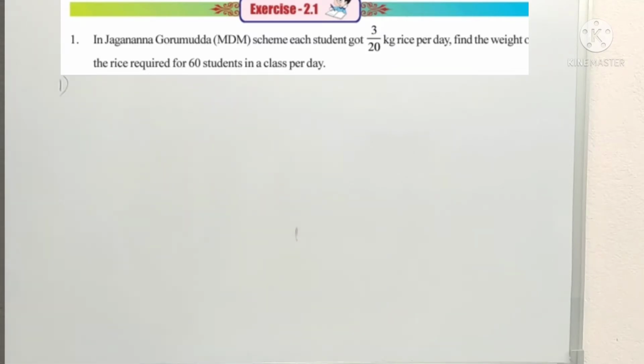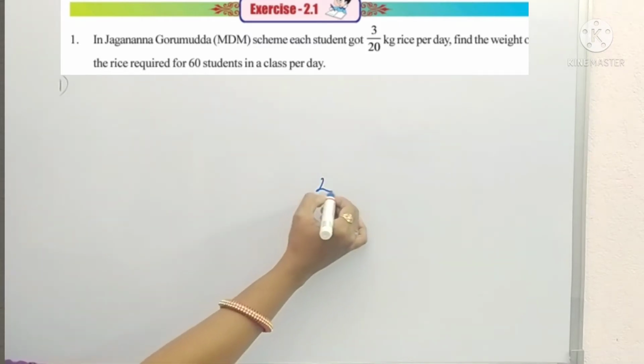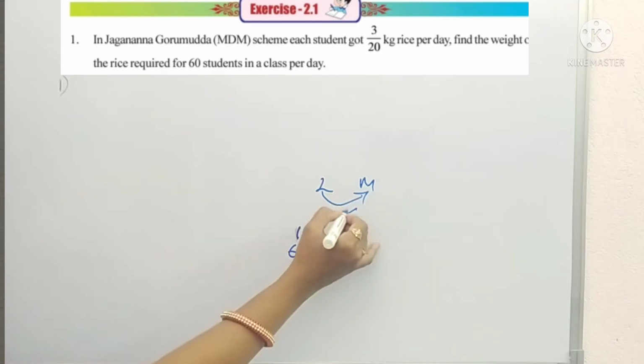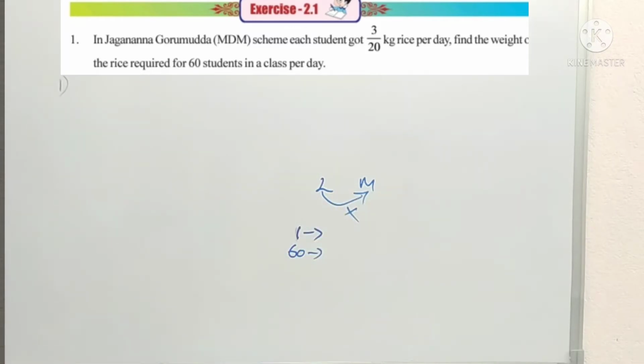We have to find out for 60 students. So here they gave the quantity for one student and we have to calculate for 60 students. When less is given, we will find out more. We will do multiplication.